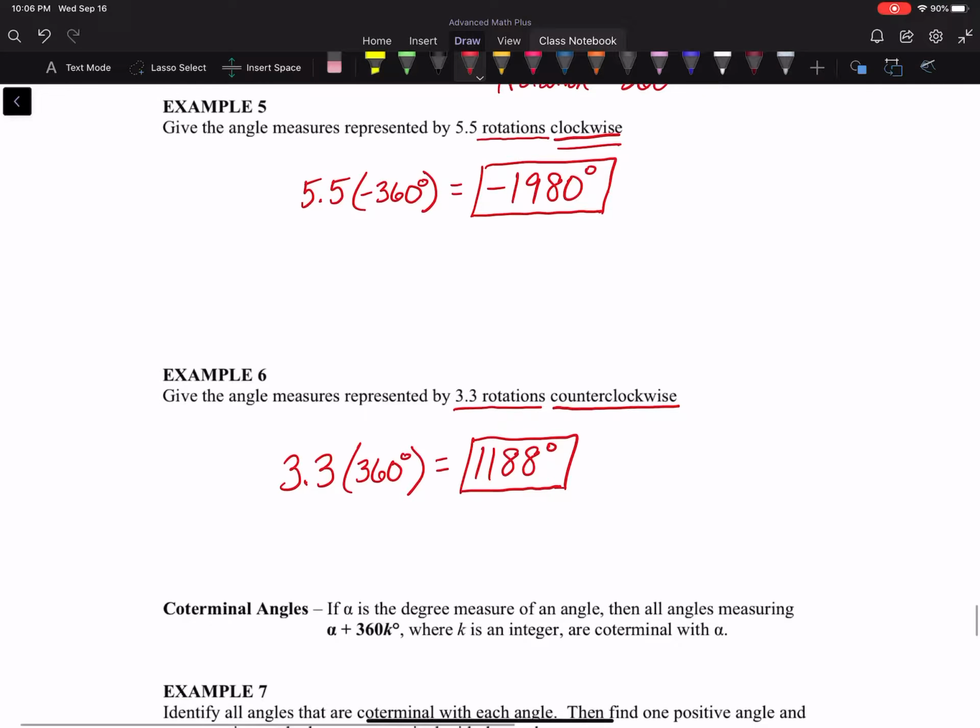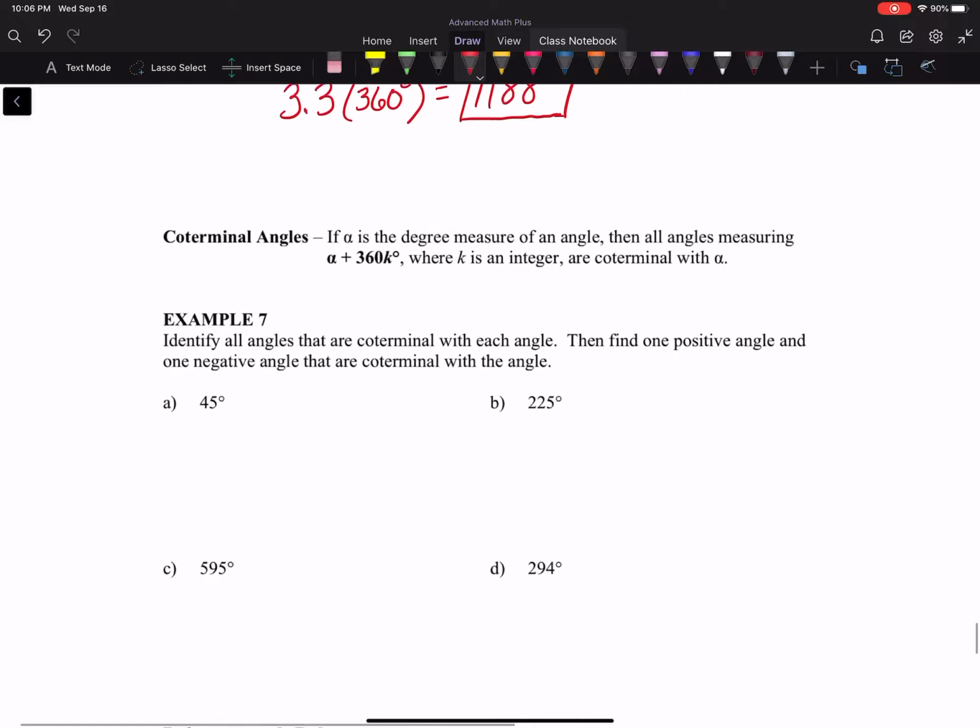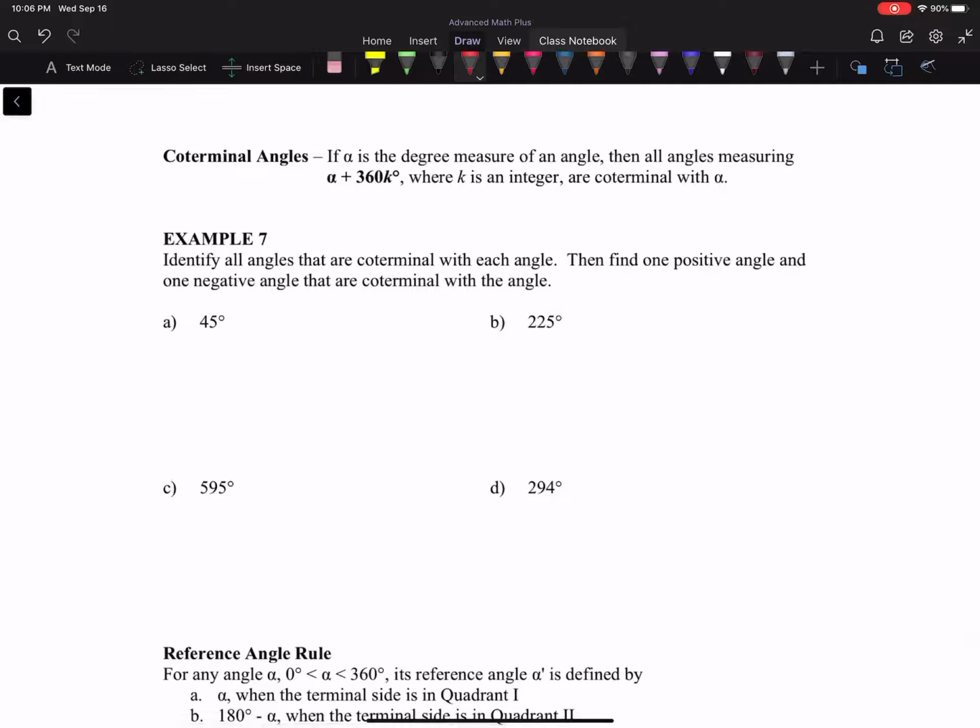All right. Next thing we're going to talk about are coterminal angles. Every angle has an unlimited number of coterminal angles.